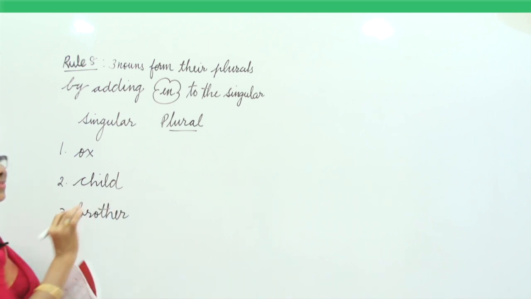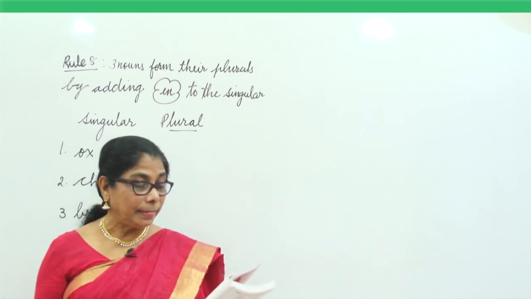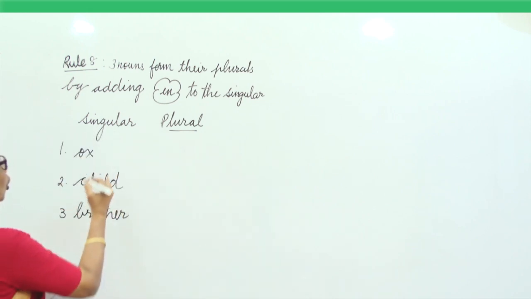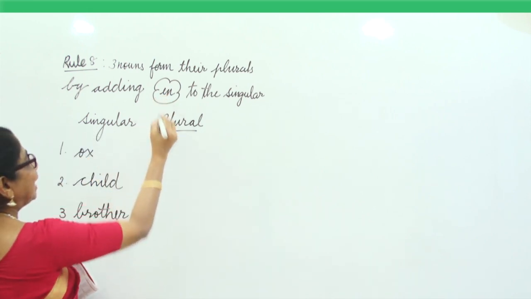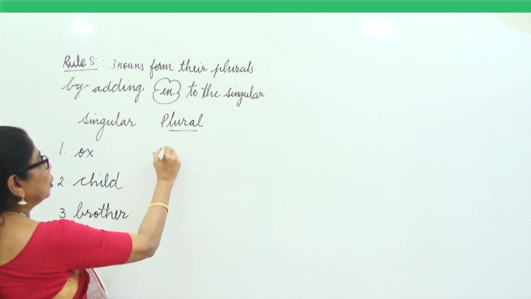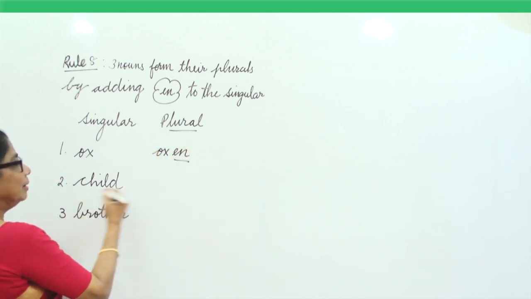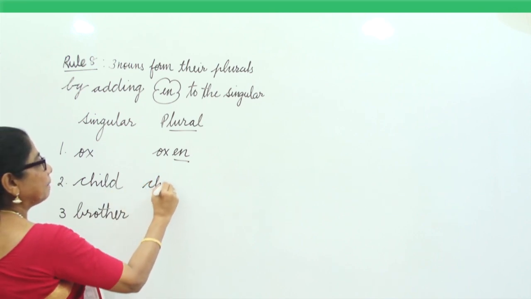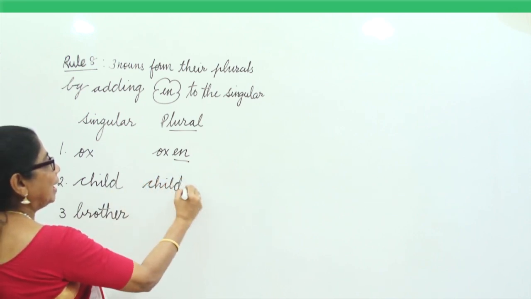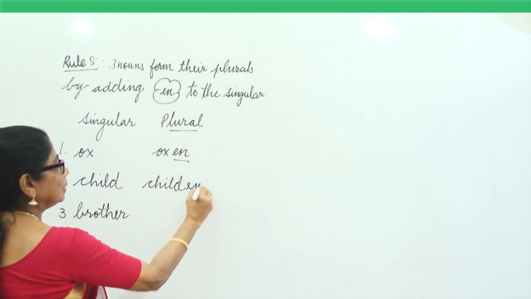Okay, you have 3 nouns here. The first one, ox. You form the plural by adding en. So you have oxen. Child, children. You add en to it.